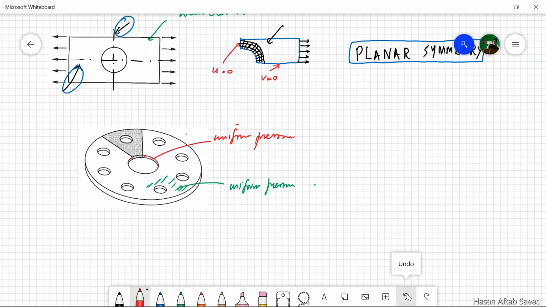These holes don't allow that. So in this case, we can take this part, the part in gray, out. So something like this. There's a hole here.